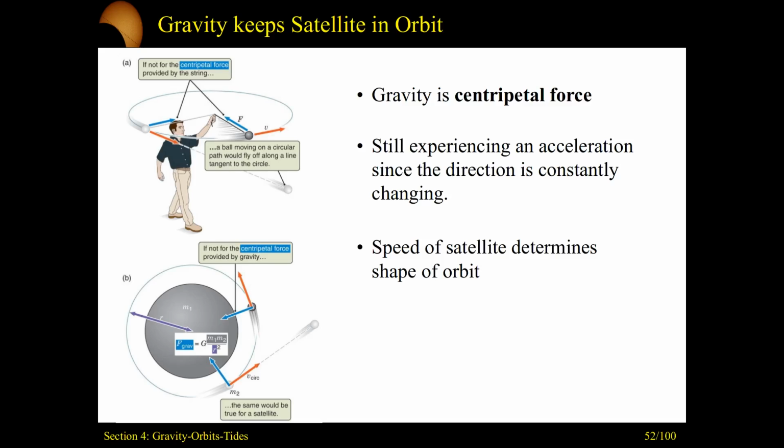Think about the ball on a string going around in circles, right? When the ball is going on a string, the tension in the string is keeping that ball going in a circle. Well, when you're a satellite in orbit around a planet, the tension in the string is gravity pulling you down, providing this centripetal force.